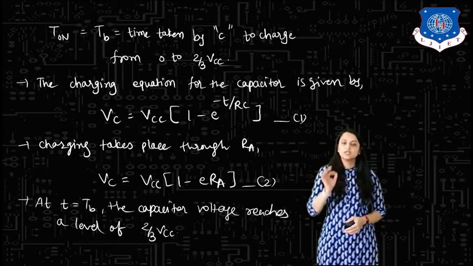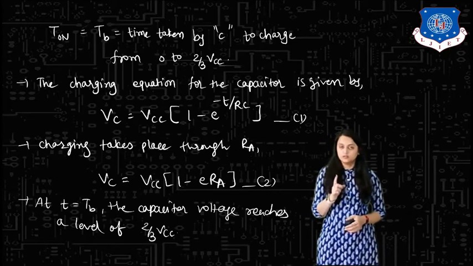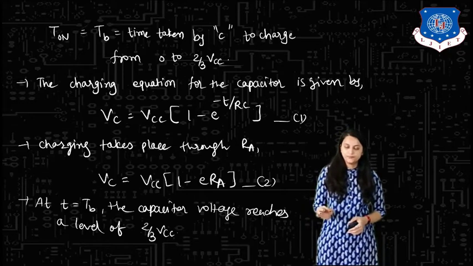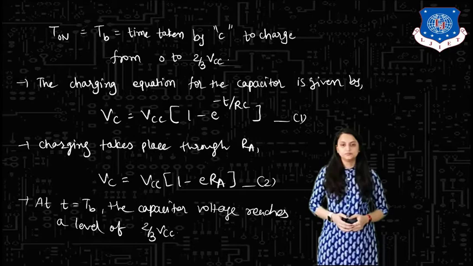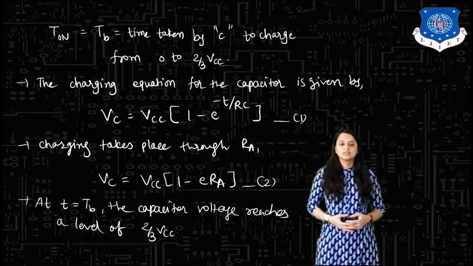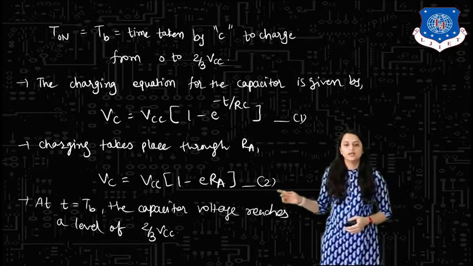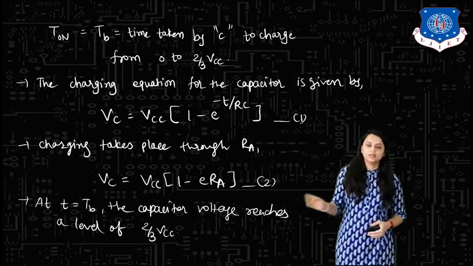This equation is useful from an exam point of view as well. So I repeat the equation, try to remember that: VC equals VCC into 1 minus e raised to minus t by RC. Here charging takes place through resistance RA. So that's why we are taking VC equals VCC into 1 minus e raised to minus t by RA C, that is equation number 2.